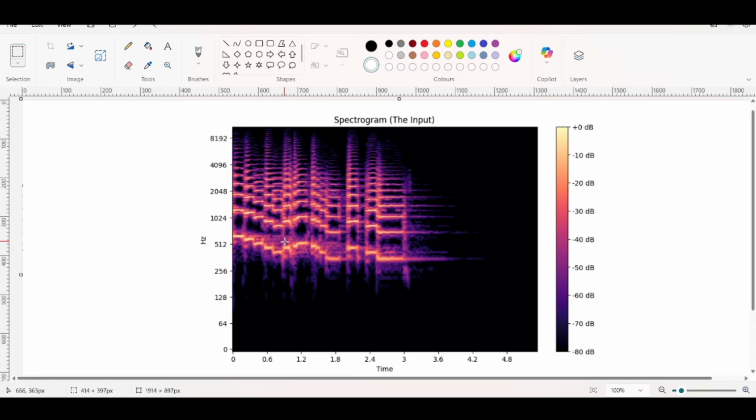Now the next step is... you would be thinking that we just need to match this spectrogram with the spectrogram of the reference audio signal, right? But that's not correct because of two major problems. The first problem is that this spectrogram has infinite data points.